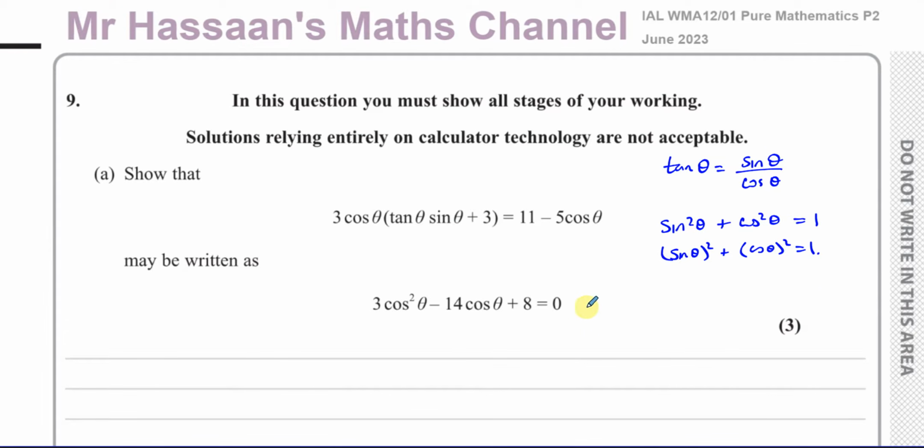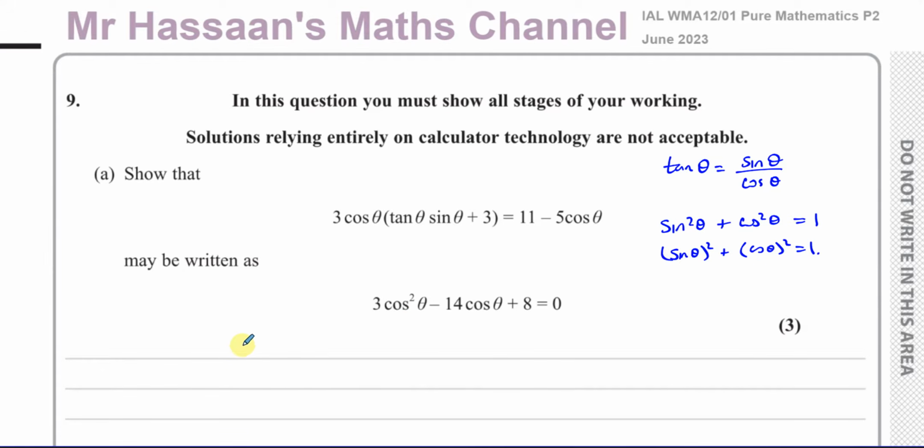All right, so now, keeping that in mind, we've got to think about a strategy. We have to end up with everything in terms of cosine thetas. Okay, so what I'm going to do is, if you look at this side seems to be okay. I can just leave that as it is. But this side, what I can do is I can first of all rewrite tan theta as sine theta over cosine theta, as we know from this.